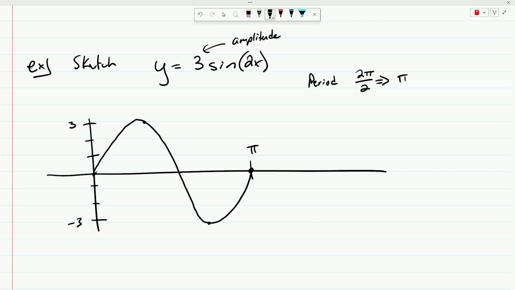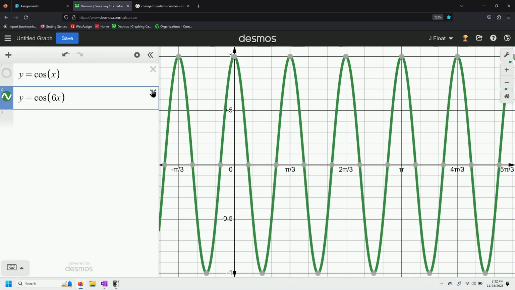Now, if I wanted to, I can figure out what those points actually are, where I have a maximum and a minimum for my amplitudes. To do this, we need to think about what's happening normally, all right? So what I mean by that is this. We're going to go back to Desmos.